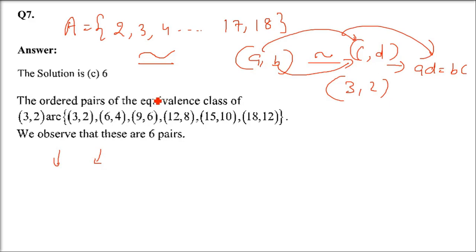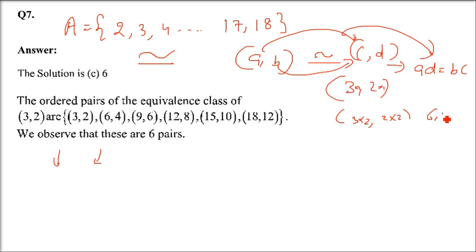That is very time taking, cumbersome. The best way is to take (3, 2) and just multiply with the natural numbers. 3 into 1, 2 into 1: (3, 2). 3 into 2, 2 into 2.